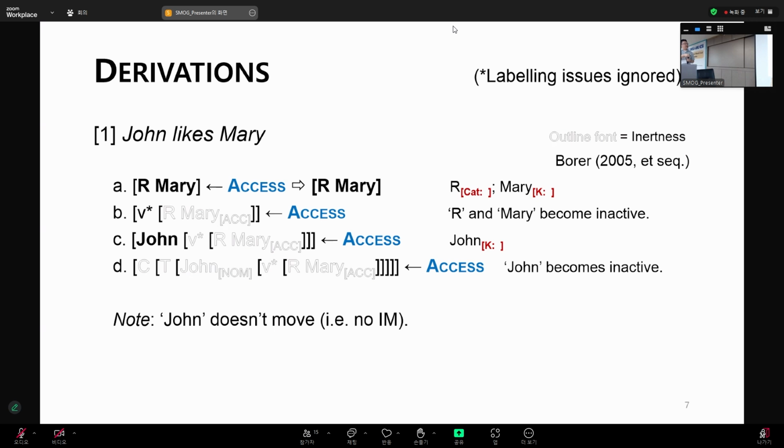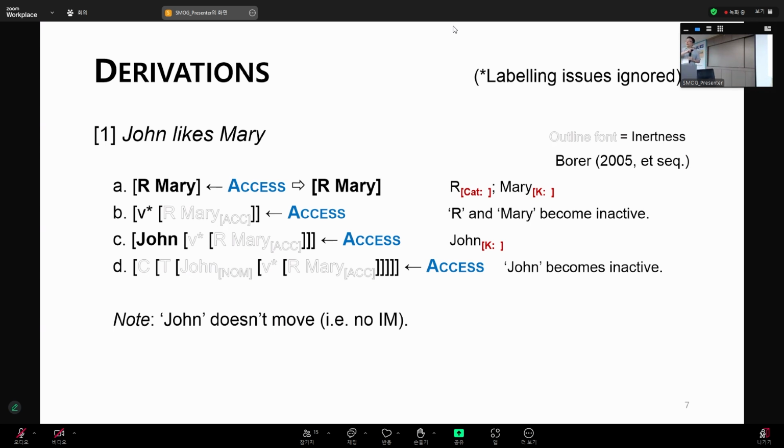And at the outcome of the second merge, where little v is introduced, access takes place. Notice that at this stage of the derivation, both R and Mary become fully interpretable, simply because R's category is specified by the categorizer, this star, and the case information about Mary is specified by the little v.